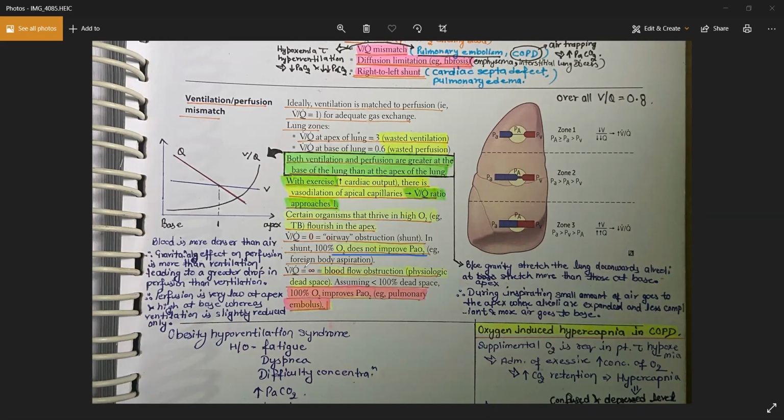So what happens is, in the areas where the oxygen saturation is not yet 100%, if you give more oxygen, then more oxygen will diffuse to that blood. Let us suppose this is one alveolus and this is the second alveolus. You have a blood flow here.